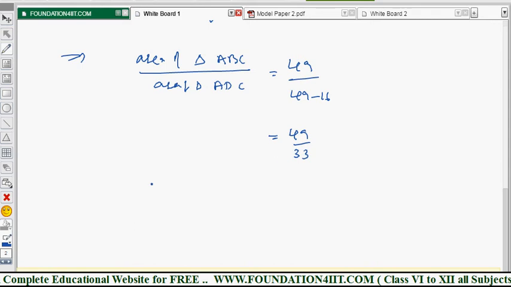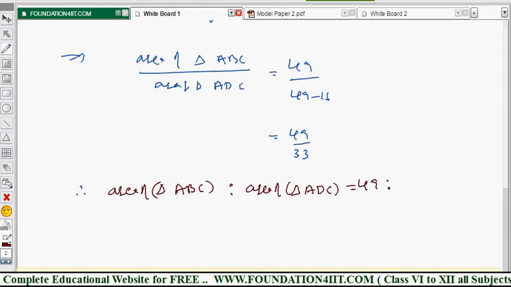So therefore we can conclude that area of triangle ABC is to area of triangle ADC is equal to 49 is to 33.